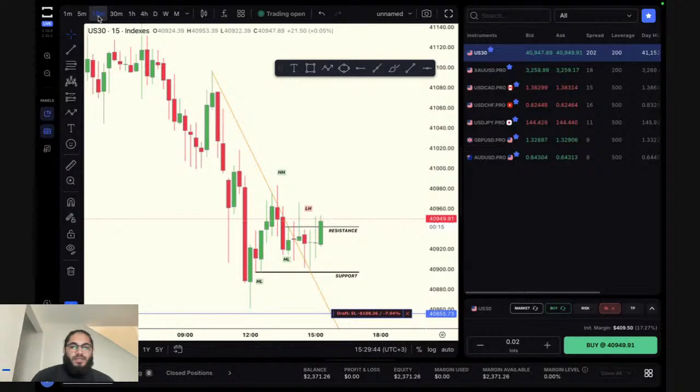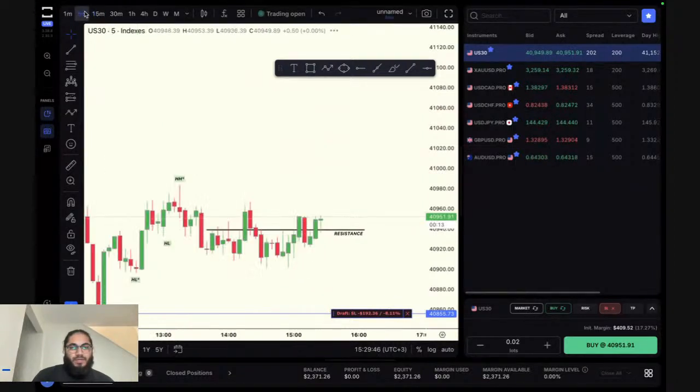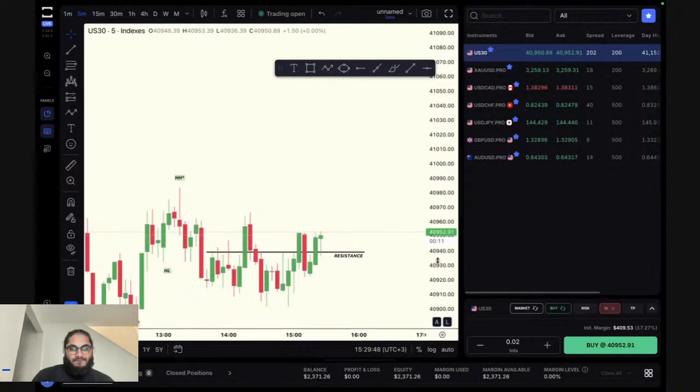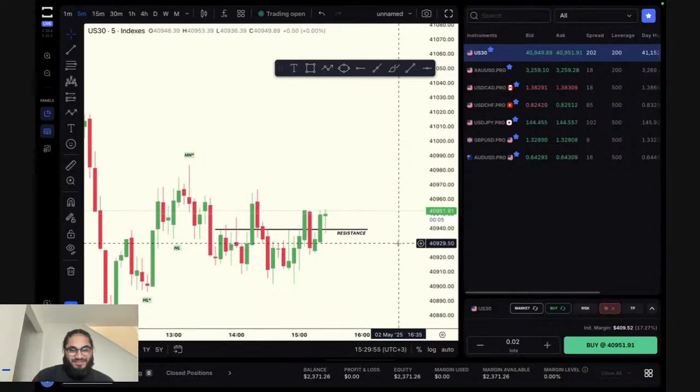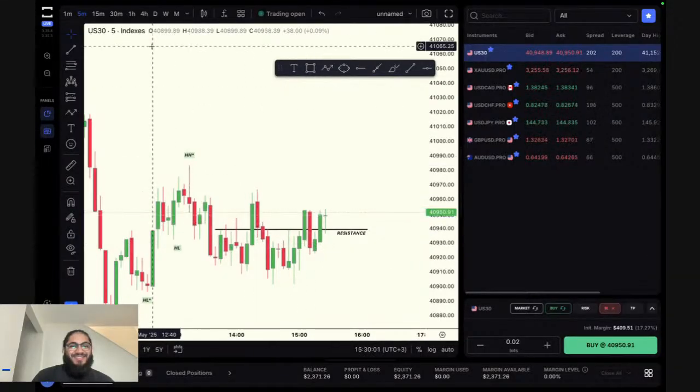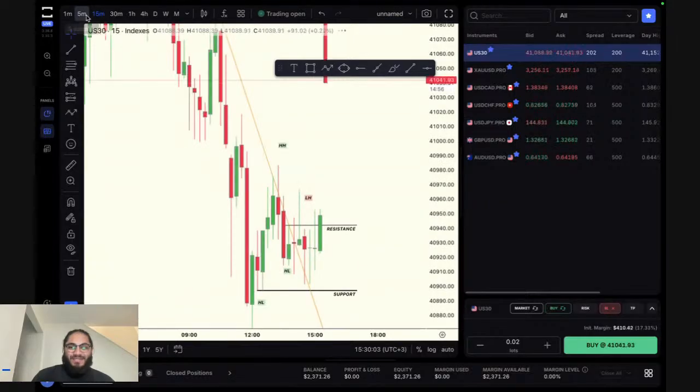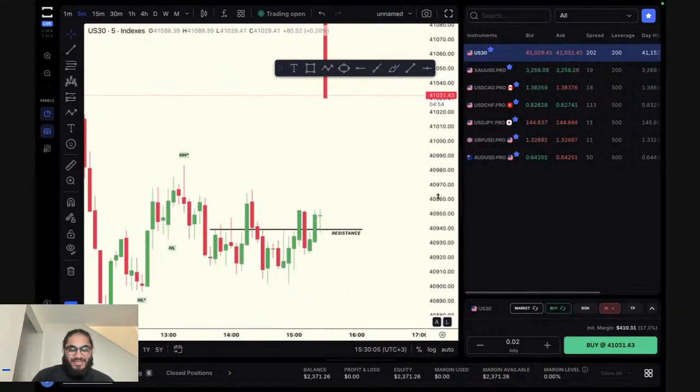Doesn't look like we're gonna get it. We might not. It's gonna be a wick too. It's gonna be a wick. That's crazy. That is a bullish candle, but it's a freaking wick.